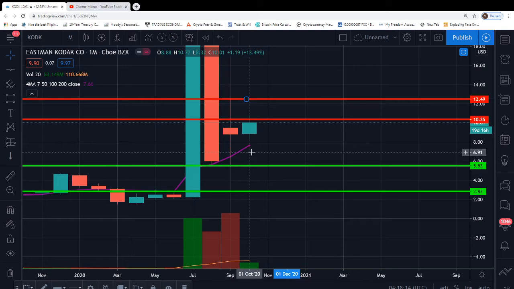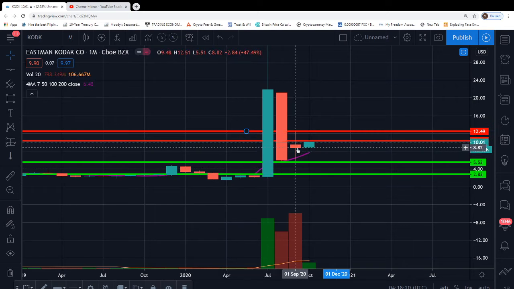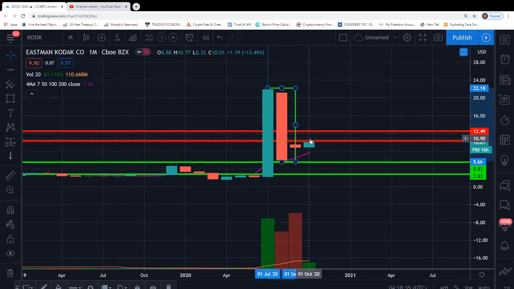Just looking at the volume here, guys. This actually might be a bullish candle right here that I just outlined. This candle right here, September the 1st. And this, believe it or not, may actually be a bullish candle as well. Just my way of understanding candlesticks and volume comparisons, guys.